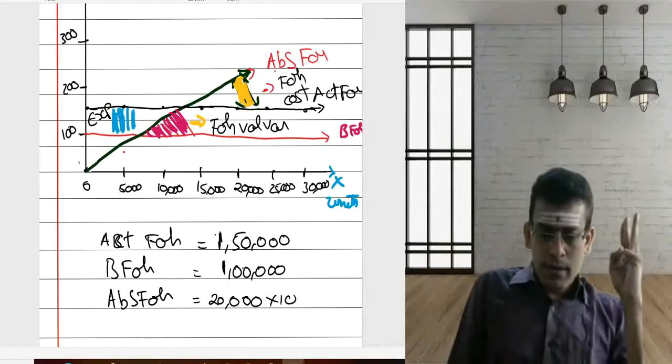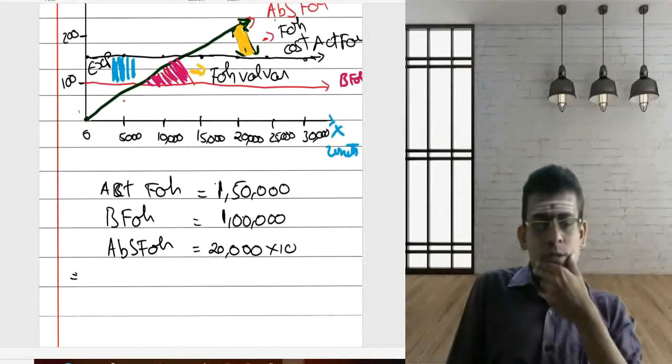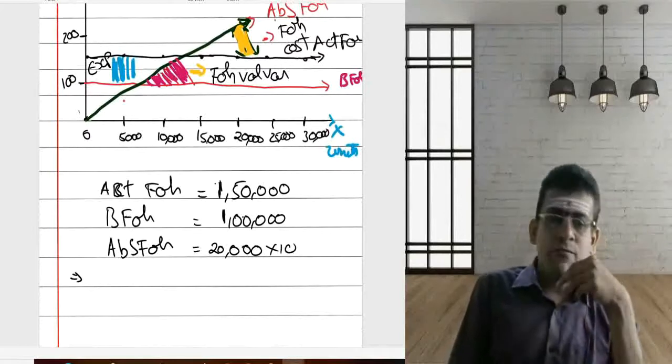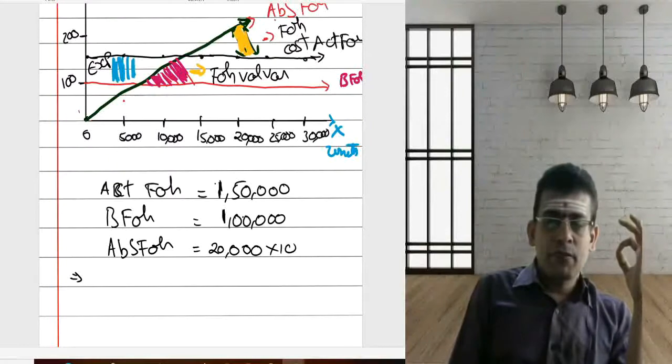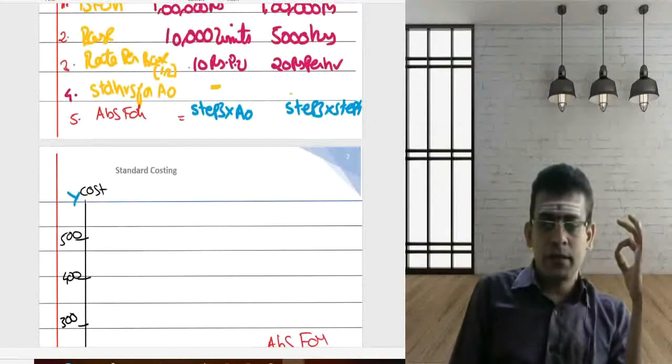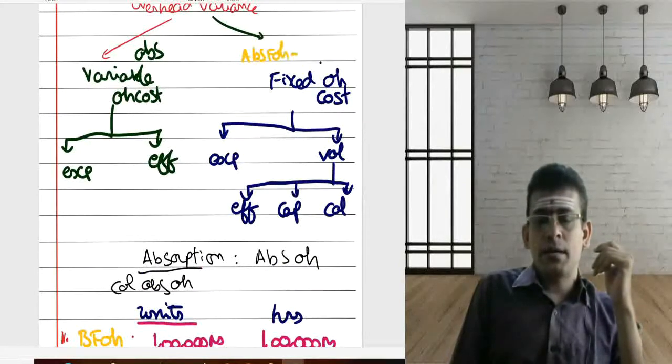So now let us try to put whatever we have learned into some formulas. If I try to put this in a formula, what can I do? Let us go here. Fixed overhead cost variance is nothing but observed fixed overheads minus actual fixed overheads.